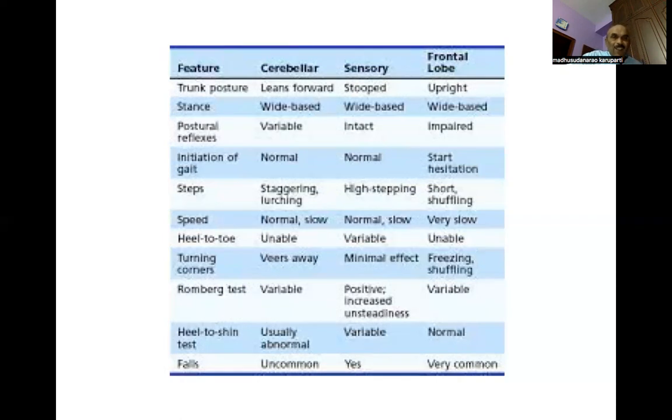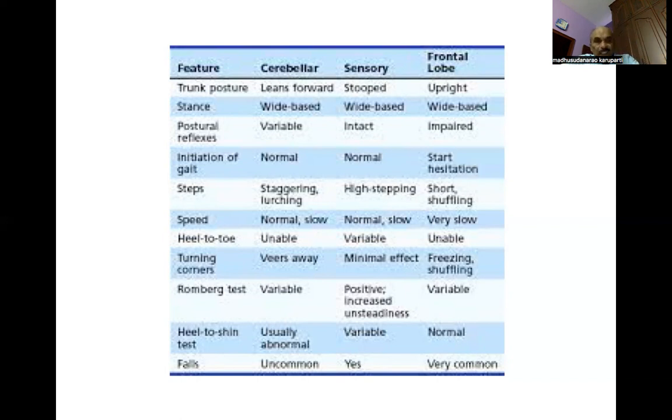You have to understand the different features: trunk posture, stance, postural reflexes, initiation of the gait, steps, speed, heel to toe, turning corners, Romberg test, heel to shin test, and falls.